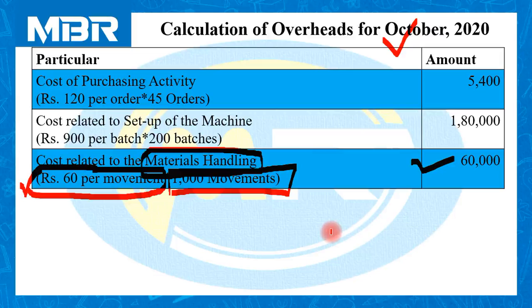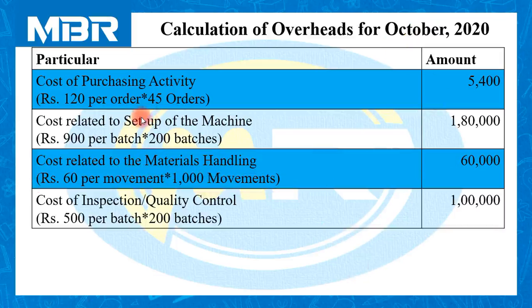After this, the expenses incurred on inspection or quality control related activities are rupees 1 lakh.